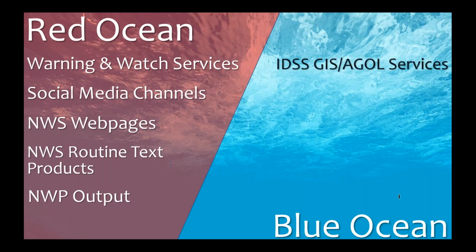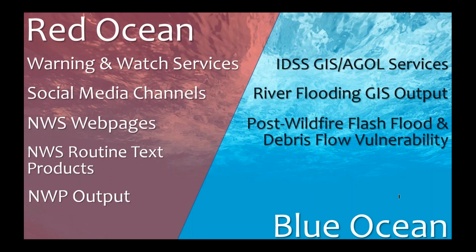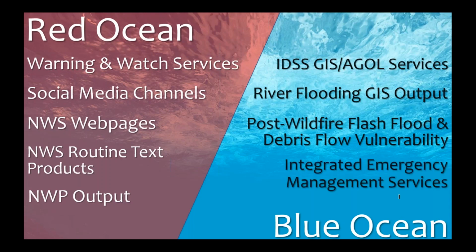Now, as far as blue ocean possibilities, you can really get into the IDSS, GIS, AGOL services, and river flooding GIS output, post-wildfire, flash flood and debris flow vulnerability, and then all of that combined really allows the Weather Service, from a local office to a ROC for regional aspects and coordination to the regional FEMA offices as well.